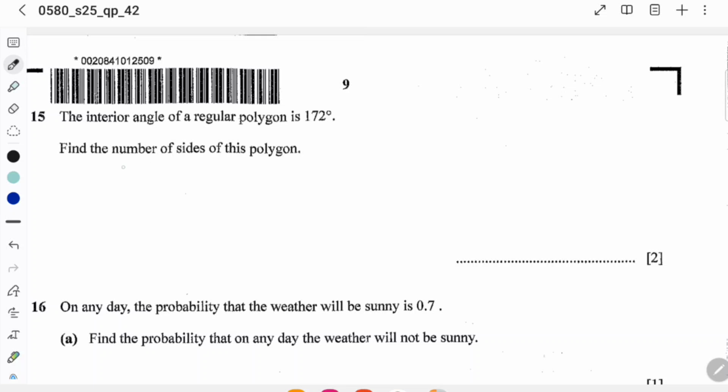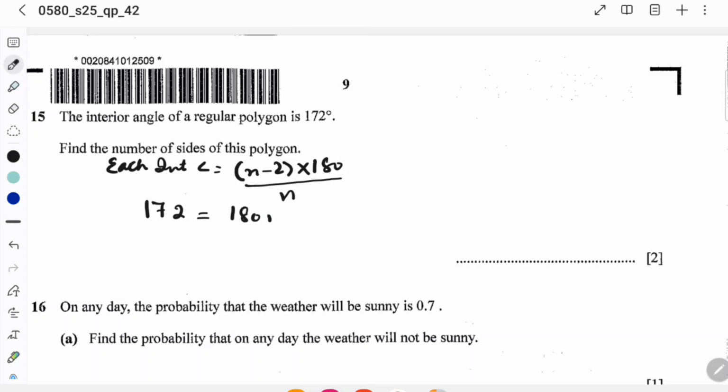Now listen, each interior angle is equal to (n minus 2) into 180 degree upon n. So each interior angle 172 is equal to (180n minus 360) degree upon n. We multiply by n on both sides, and then 172n is equal to 180n minus 360 degree.